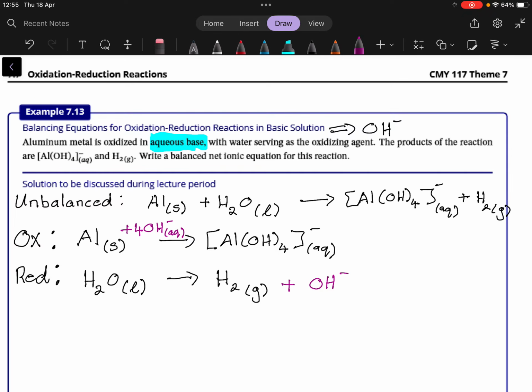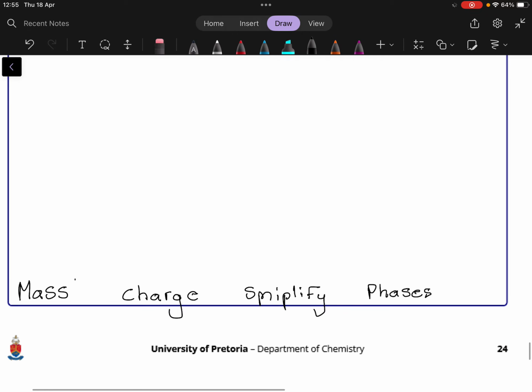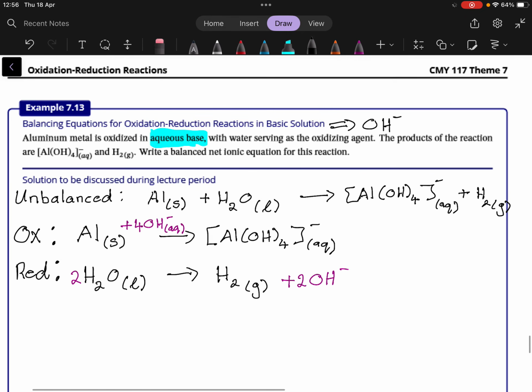So the best thing to do is we can add a 2 there, add a 2 there, so then we have 4, and we have 4, and we have 2 oxygens. So that mass balances that equation. Okay, so the question is, do we have mass balance? Yes. We've balanced the mass.